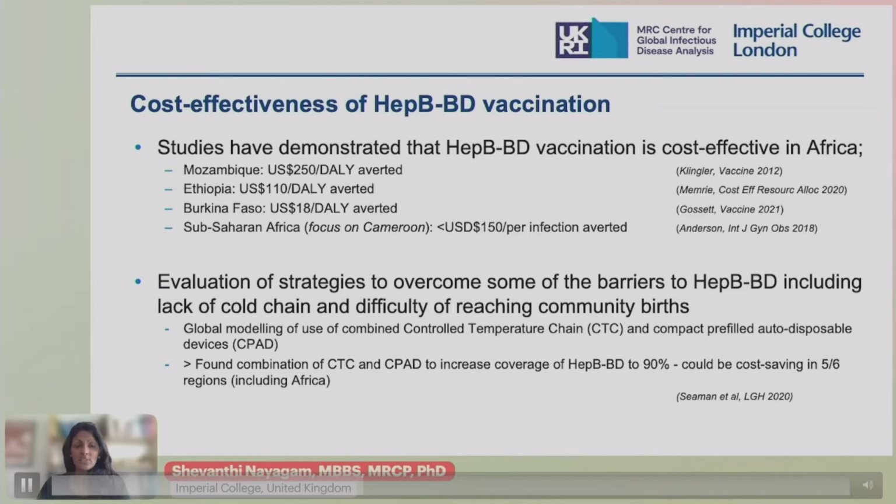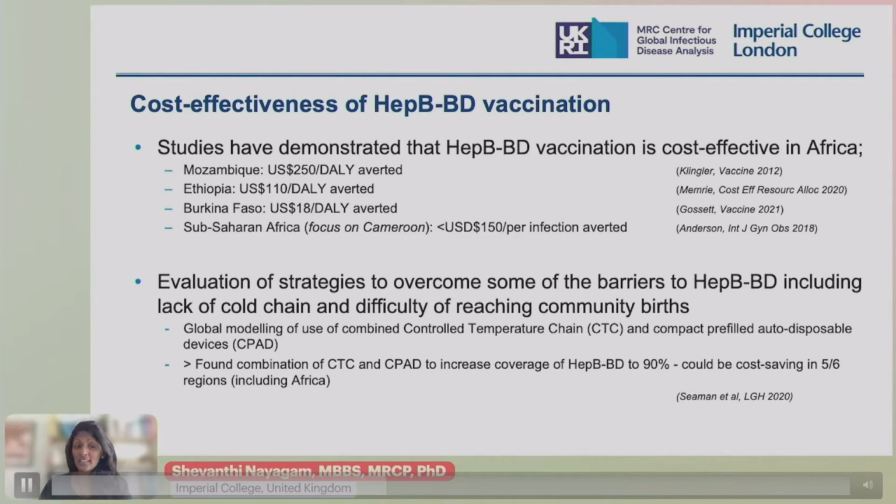A few studies that I've highlighted here, which are from Mozambique, Ethiopia, Burkina Faso, and a model for sub-Saharan Africa with a focus on Cameroon data, have all shown that the ICER, the incremental cost effectiveness ratio of implementing hepatitis B birth dose, in addition to infant vaccination, falls below the country-specific willingness to pay threshold. These studies included different cost components of the hepatitis B birth dose vaccination.